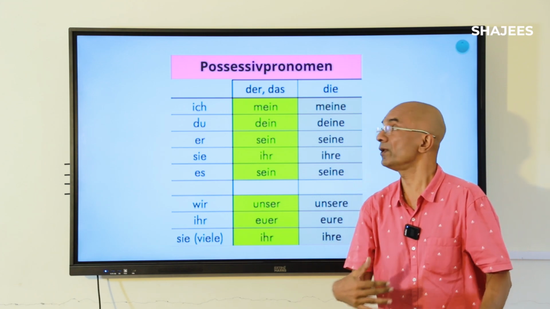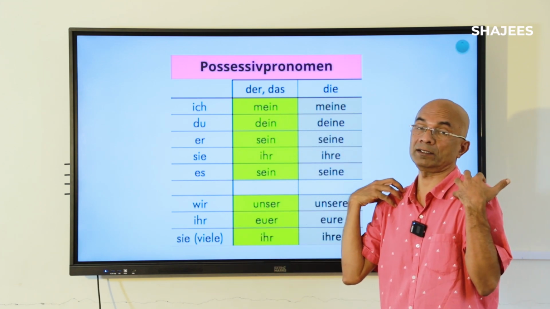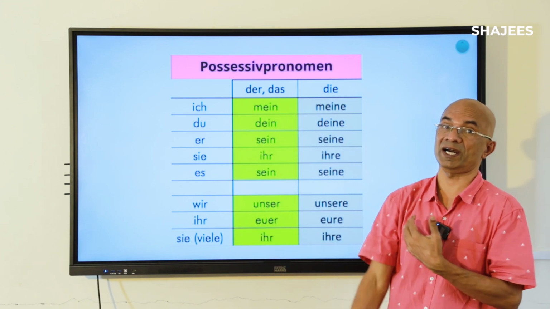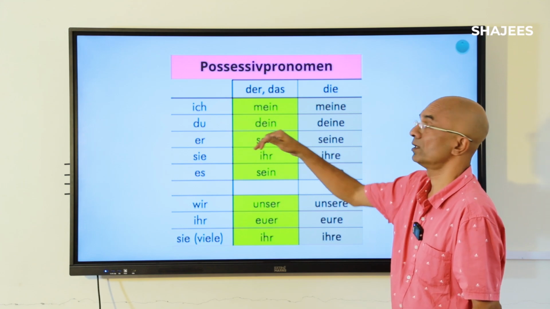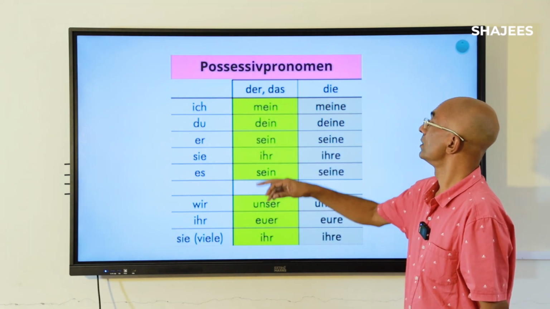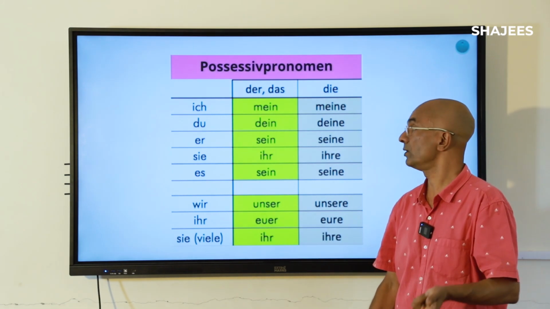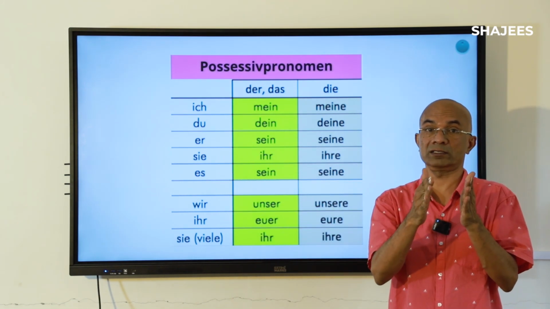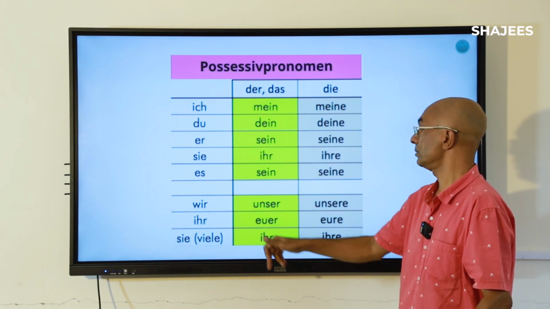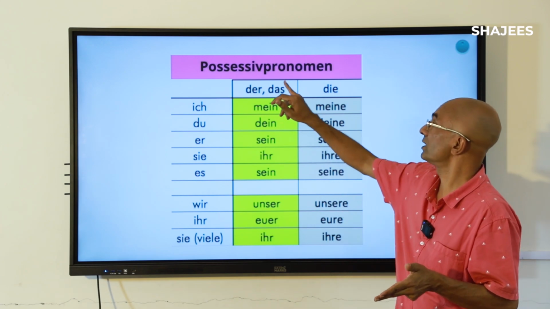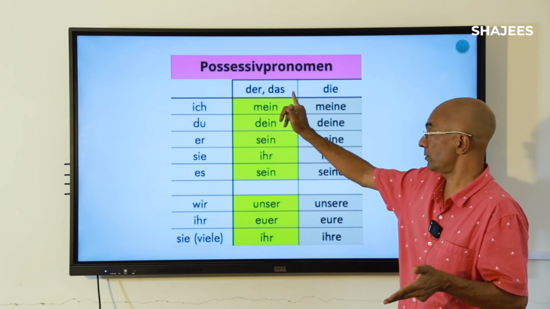For ich we have mein. Okay, this is mein Vater. Du, dein. Er, sein. Es, sein. For sie, ihr. Then wir, unser. This is for masculine und neutral.